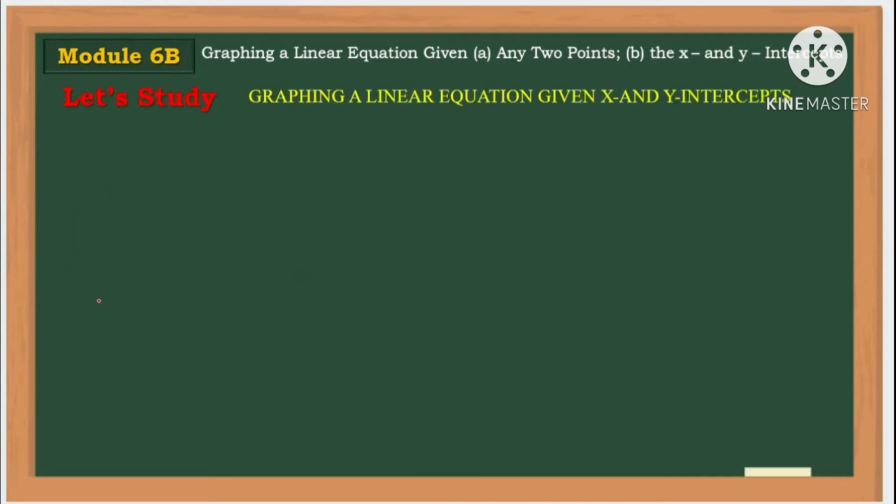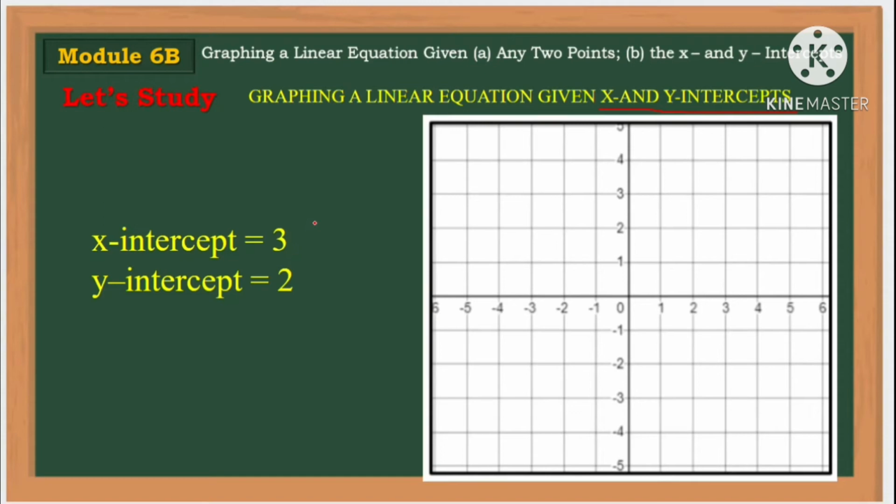Okay? So next, graphing a linear equation given x and y-intercepts. We have here x-intercept is 3, y-intercept is 2. Ibig sabihin, kung ipa-plot mo ito, this is (3, 0). Ito naman ay (0, 2).